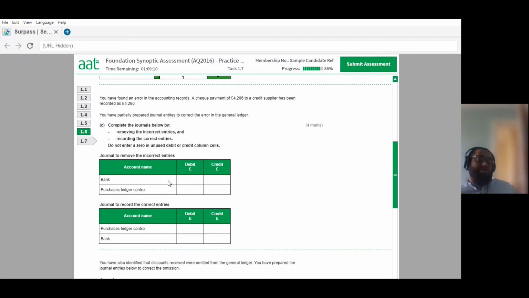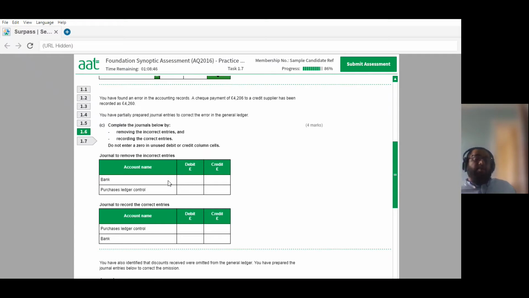So what do you think you should do? If it's been recorded incorrectly and it's still on the right side of the T account, because in this scenario, the entries were into the debit of your PLCA and the credit side of the bank account.